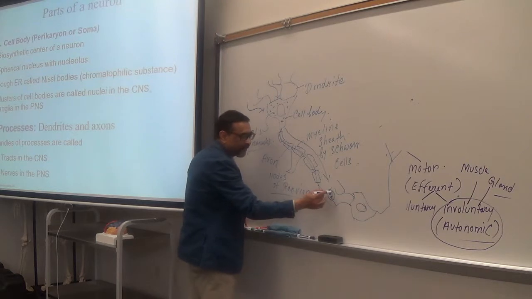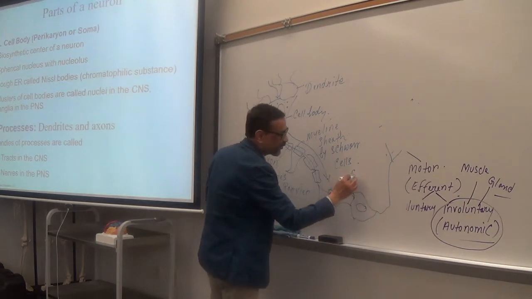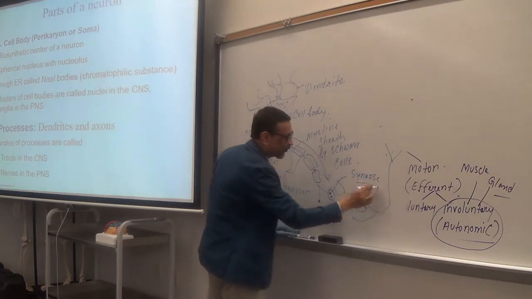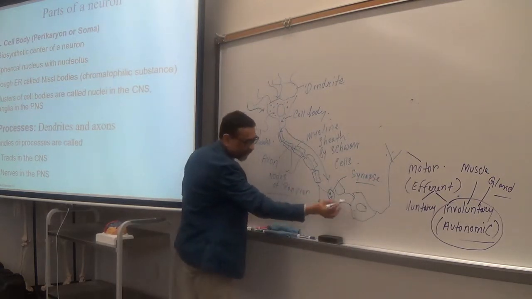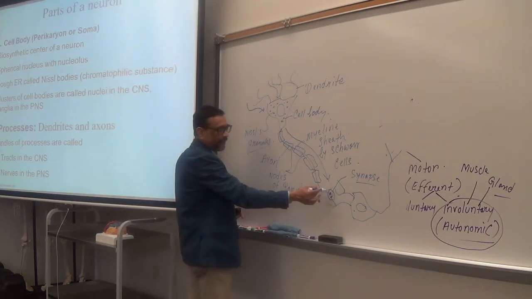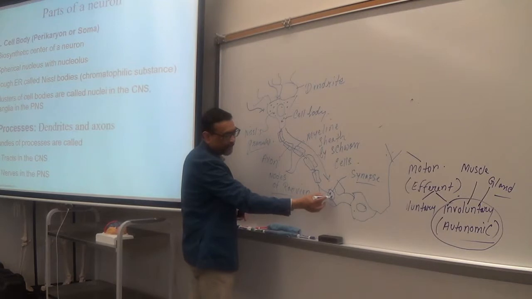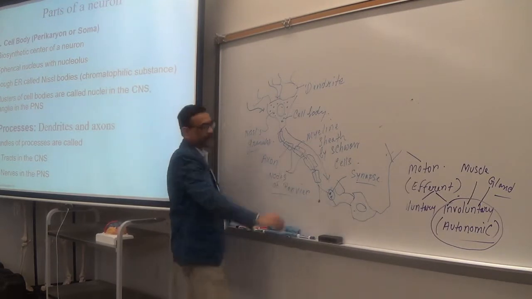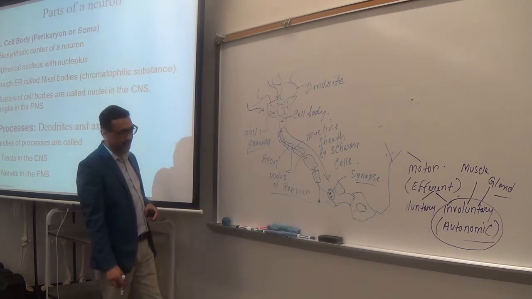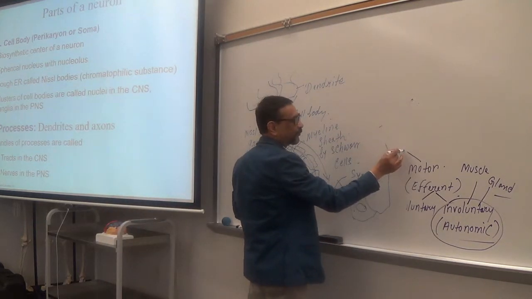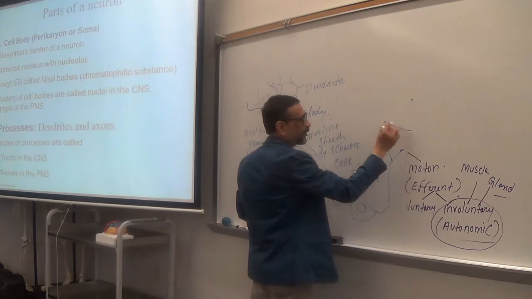So this is called a synapse, the neuron-to-neuron synapse, from one neuron to the next, where they talk to each other. Same thing again here. This is the axon terminal, and here is the next neuron.